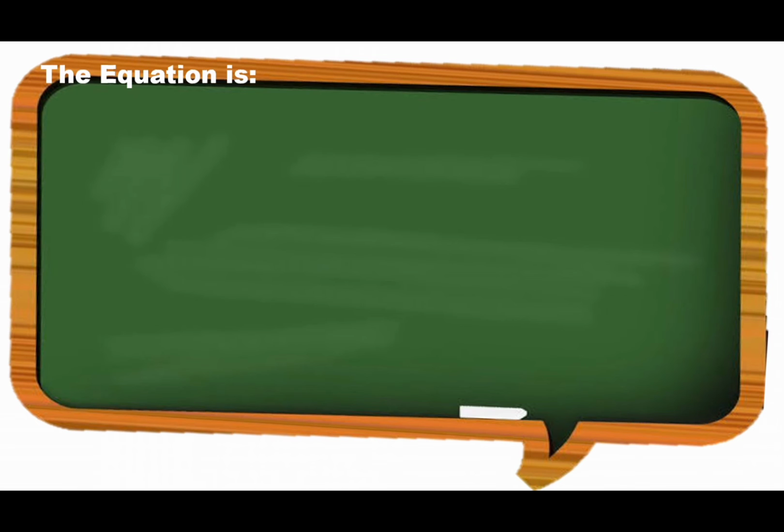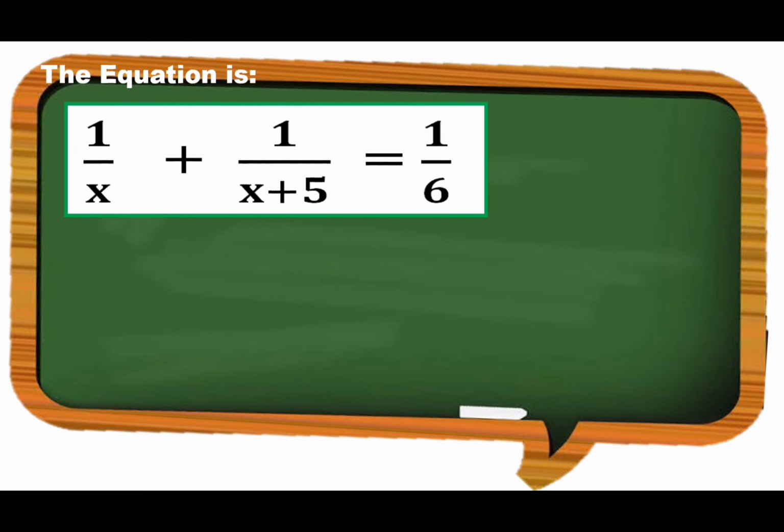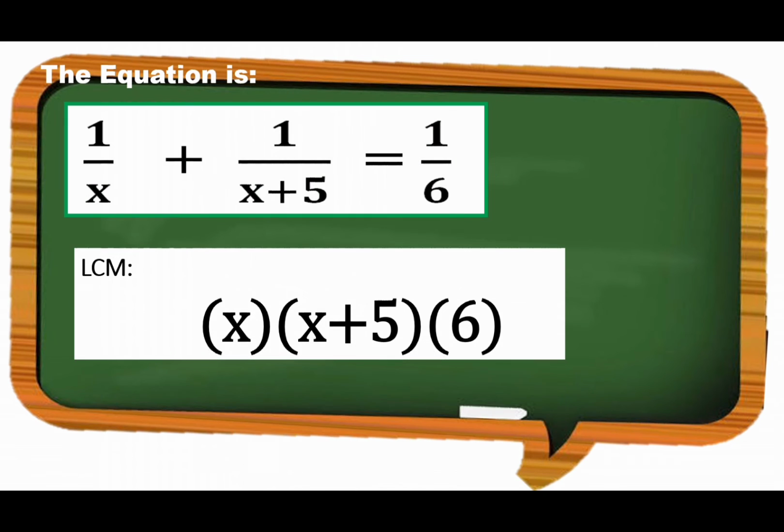The equation is 1 over x plus 1 over x plus 5 is equal to 1 over 6. The LCM is x times the quantity x plus 5 times 6.